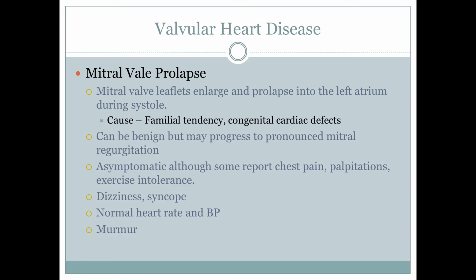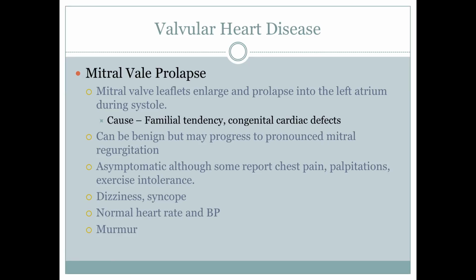The young women might feel some palpitations where their heart flutters. They can be asymptomatic for a long time, but they can start reporting chest pains, palpitations, exercise intolerance, and some dizziness. Women with mitral prolapse can have syncopal episodes where they just faint, pass out.